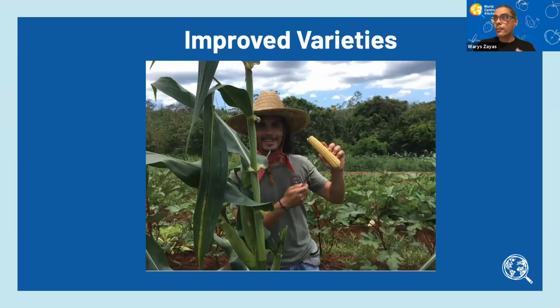For example, this guy there is holding this nice maize cob. It's from a new variety of corn, my bad, of corn, that was developed around 4 or 5 years ago.